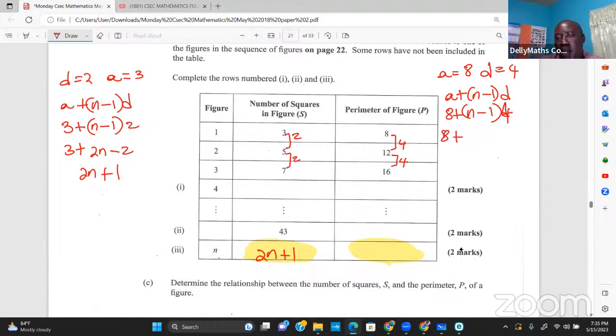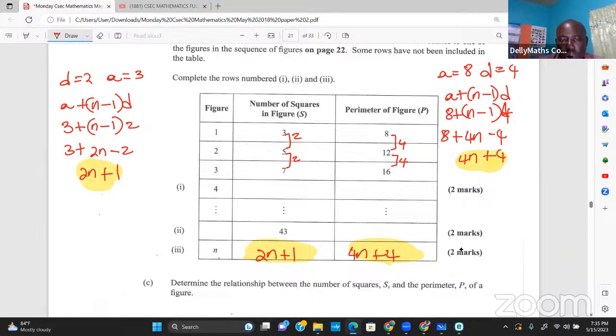So 8 plus 4N minus 4. Simplify, 4N plus 4. I'm just saying that sometimes it's hard for you to just see quickly. I'm giving you something that just nails it. No thinking. Get your marks in the exam. 4N plus 4.